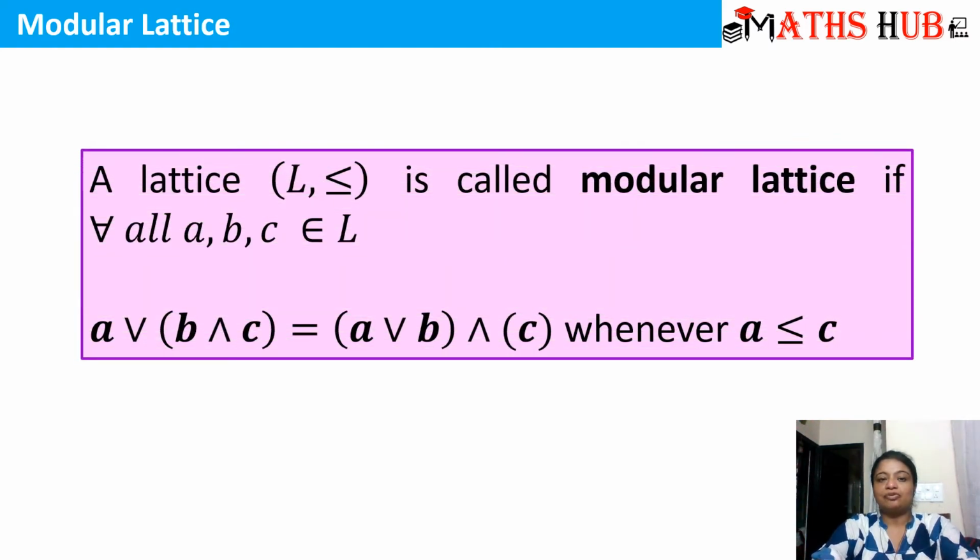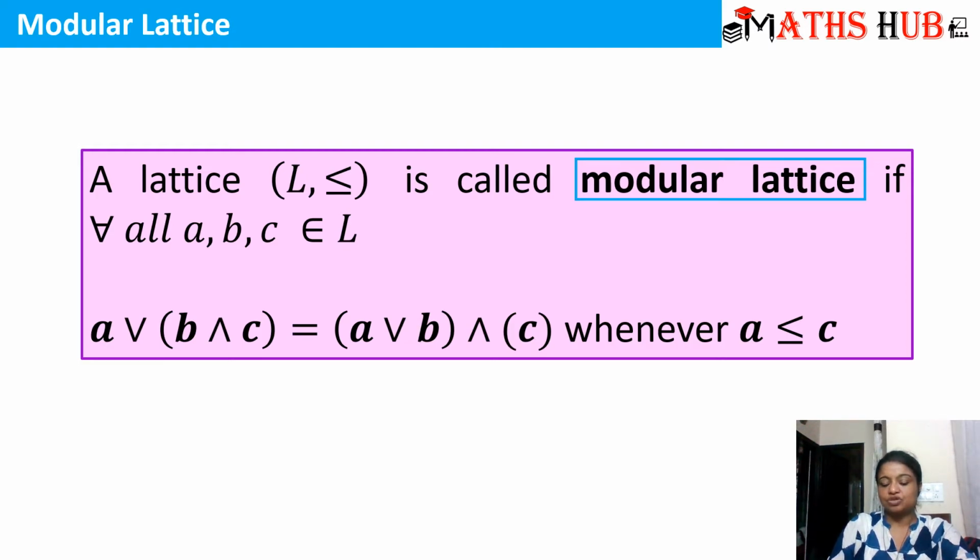So the definition of a modular lattice says a lattice L with the less than equal to relation is called modular if for all A, B, C belonging to L, A join (B meet C) is equal to (A join B) meet C whenever A is less than equal to C. So you can see that the left hand side is the same as the distributive law, but on the right hand side the law becomes a little different in case of modular.